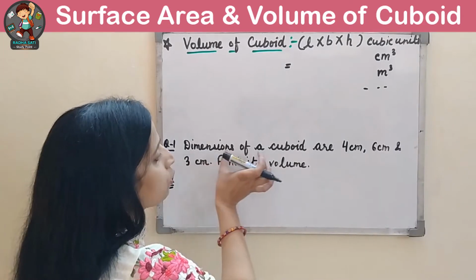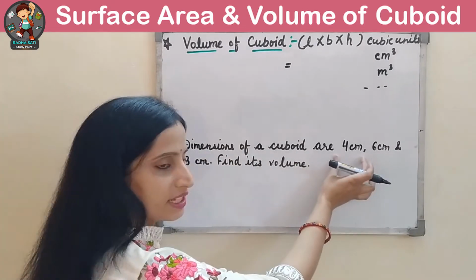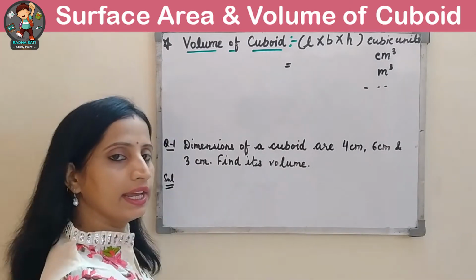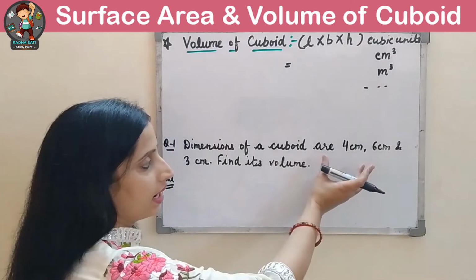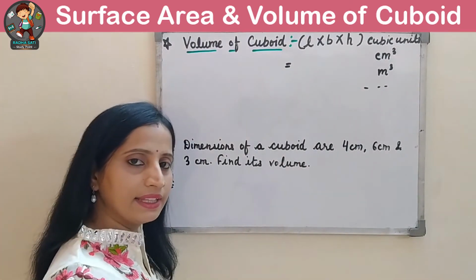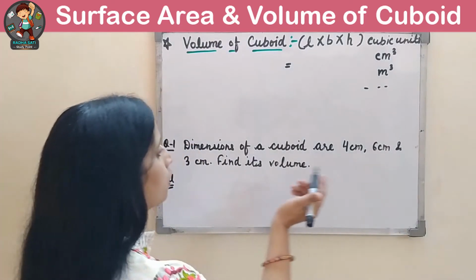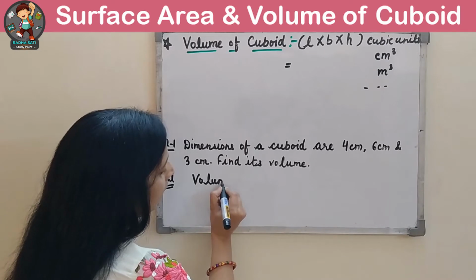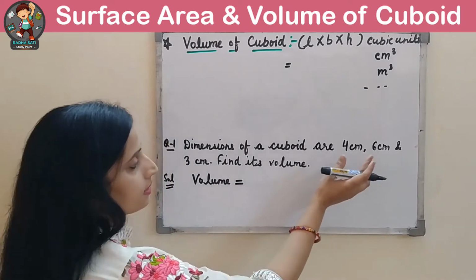The dimensions of a cuboid are 4 cm, 6 cm and 3 cm. So here we know the length, breadth and height. So we can easily find the volume by multiplying all these.